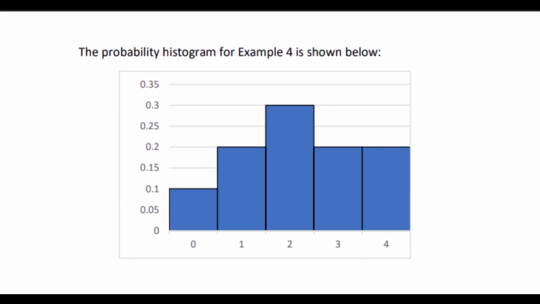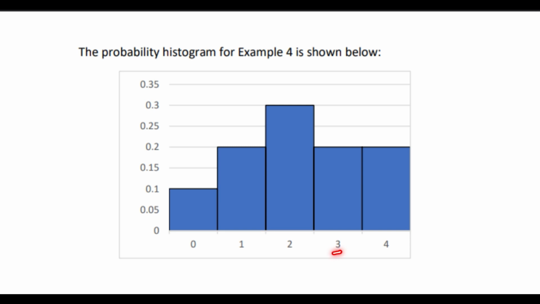Now, let's construct the probability histogram for example number 4. So as shown, if the random variable is 0, the probability is 0.1. If the random variable is 1, the probability is 0.2. If the random variable is 2, the probability is 0.3.